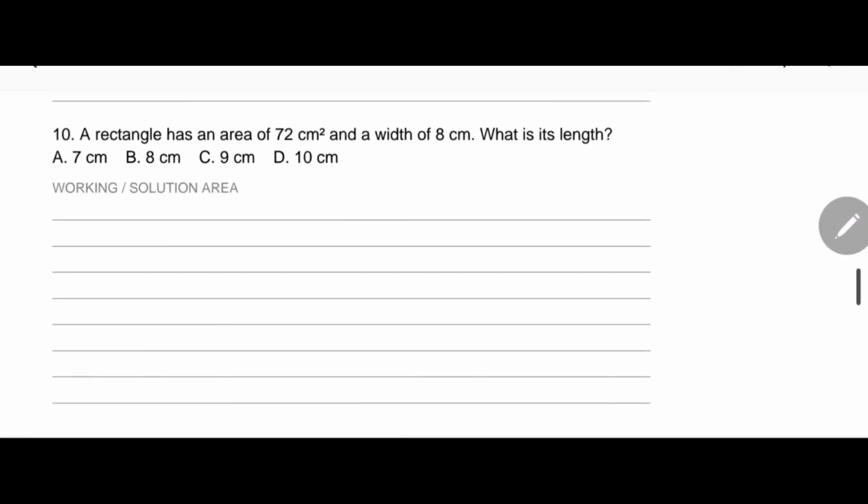Number 10. A rectangle has an area of 72 centimeters squared and a width of 8 centimeters. What is its length?